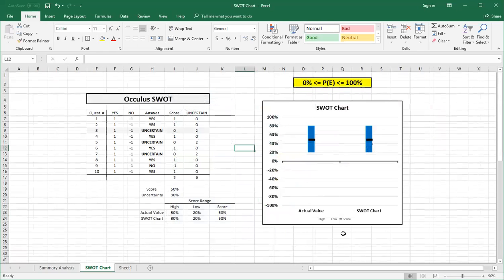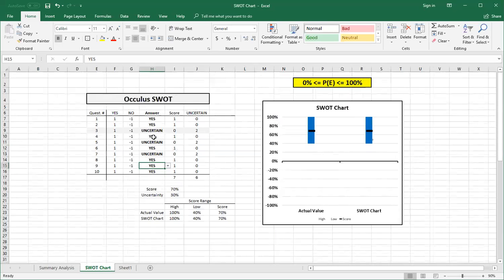So that's how it works. Now, let me do a couple of other things to show you how this moves. Suppose there's a question there I've answered no, but after implementing a couple of action items, I can change this to yes. You'll see that this moves up.